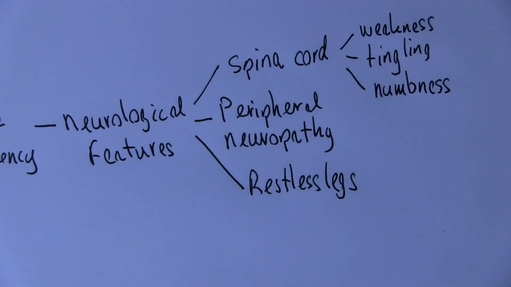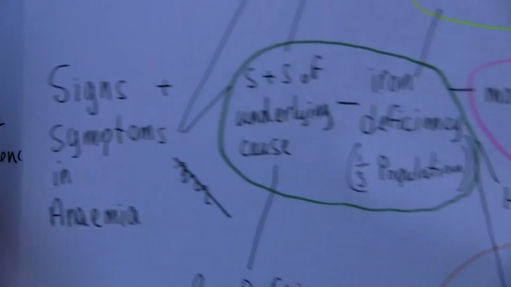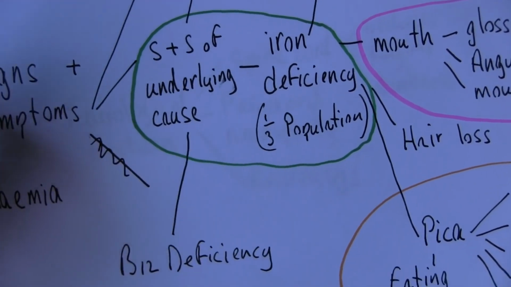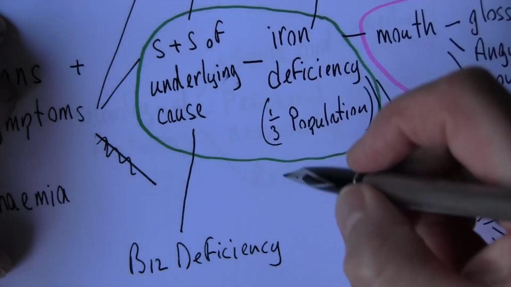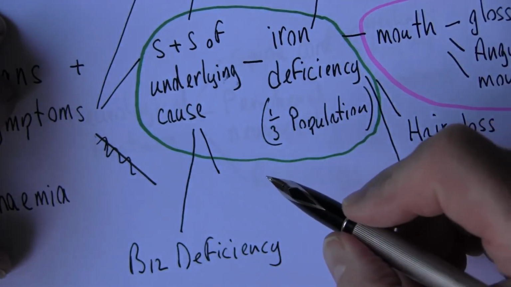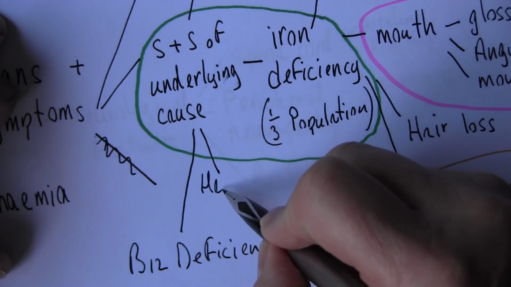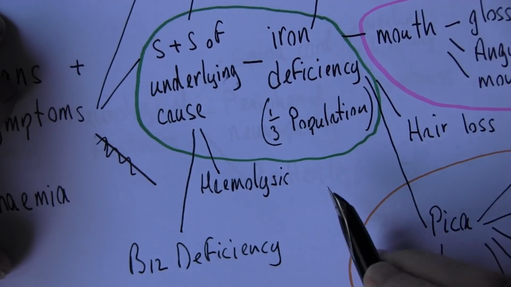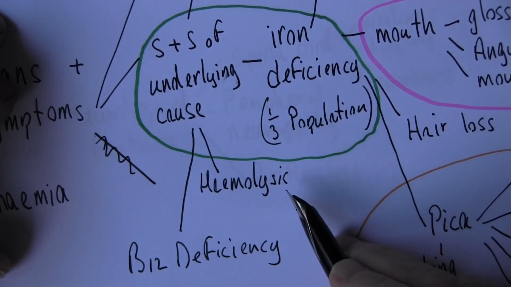Now, there's other underlying causes that we can think about. So other lines that can go from this bit, the underlying cause. For example, we could have hemolytic anemia. So there can be signs and features caused by the hemolysis.